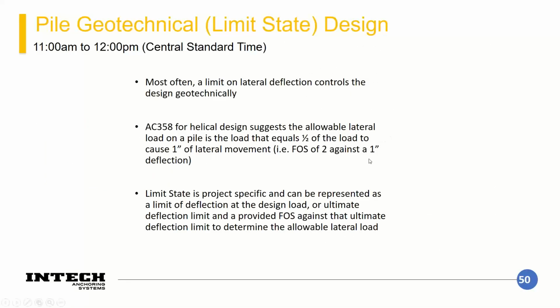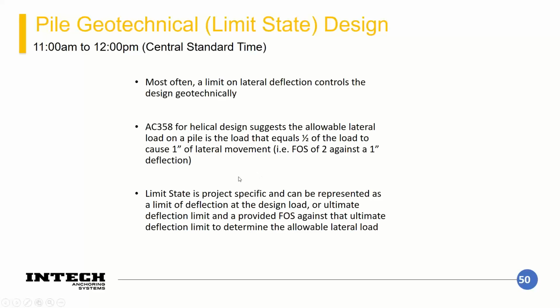More often than not, lateral deflection ends up being what controls your design geotechnically. It's not how much the pile can hold. It's, okay, this structure can only move an inch before we have problems, so we're going to limit it to 1 inch. AC358 is the helical acceptance criteria document that the ICC has put out.